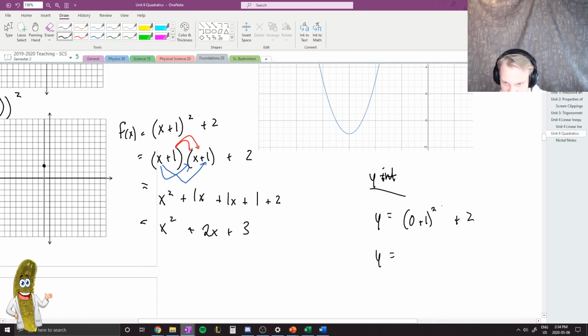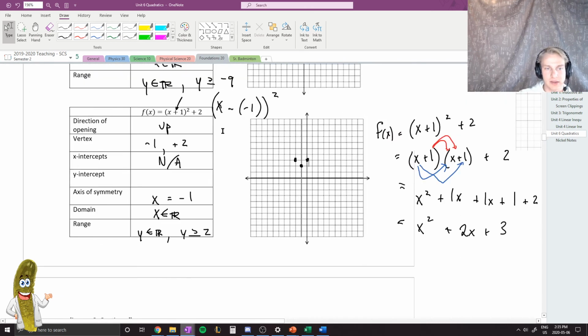So y is equal to 1 squared is 1 plus 2. Y would be equal to 3. So I know that I would have a point that exists right there, and I'd also have a point that exists right opposite to it on the other side. So our y-intercept, we said that this was at the point (0, 3).